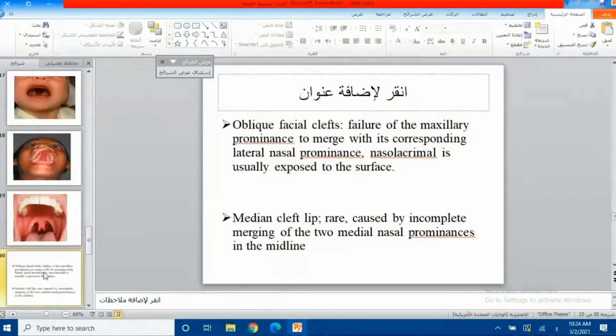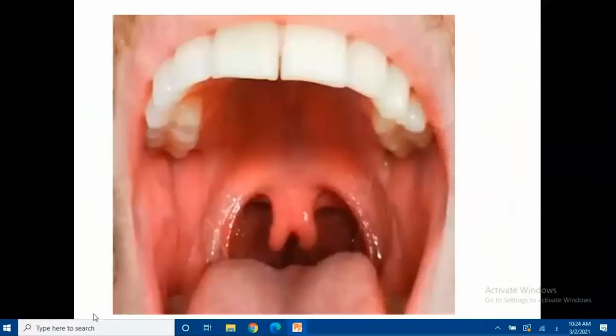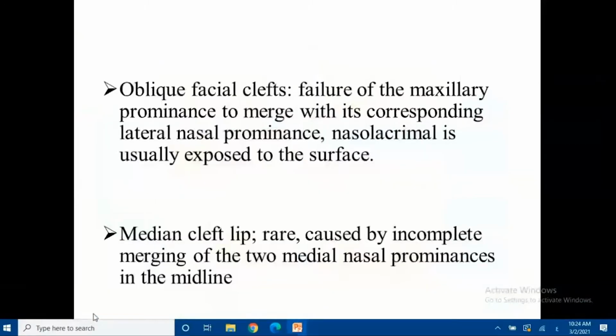And let's continue. We said that we have a kind of cleft which is called oblique facial clefts. That is a result of the failure of the maxillary prominences to merge. As you know, the maxillary prominence forms most of the upper part of the face.